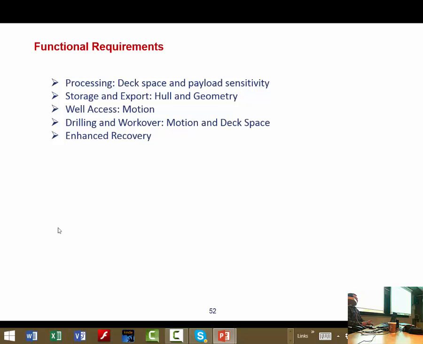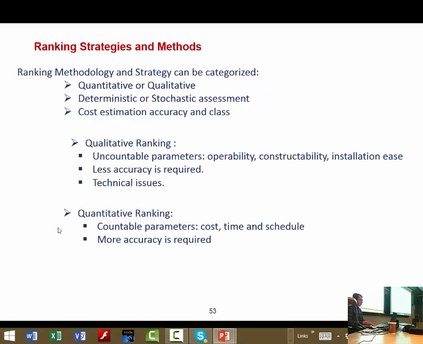Processing requirements can specify deck space and required payload; storage and export can directly specify the hull dimension and geometry; well access requirement can make some constraint for motion of the floating platform; drilling and workover requirement can again make some constraint for motion and deck space; and required enhanced recovery.